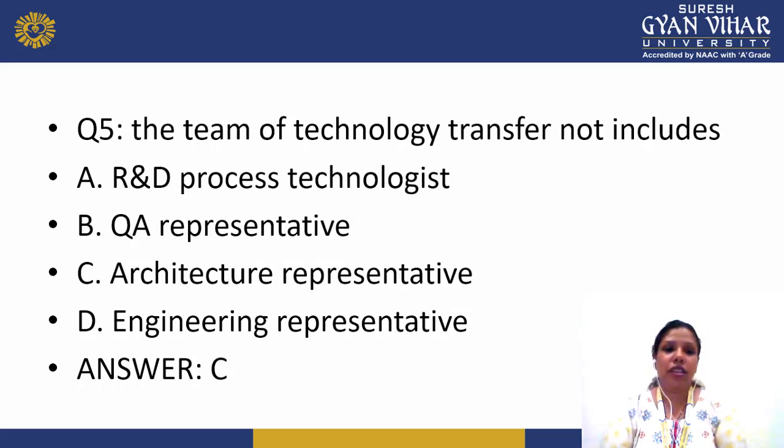Now the next question is the team of technology transfer does not include. First one is the R&D process technologist, QA representative, architecture representative or engineering representative. We have discussed that the architecture representative is not there in the technology transfer team. R&D, process technologist, QA representative and engineering representative are there.